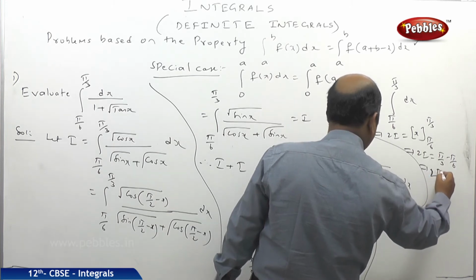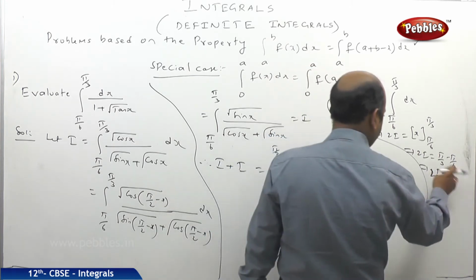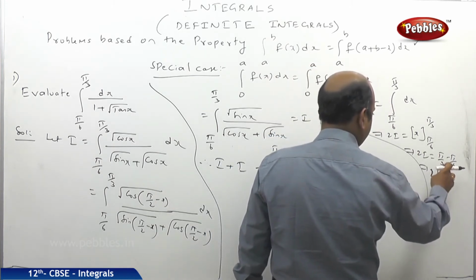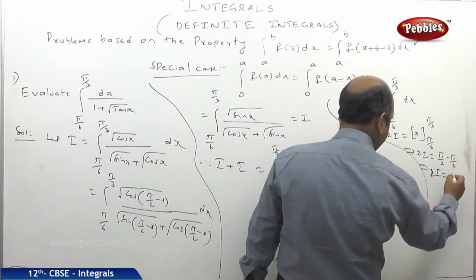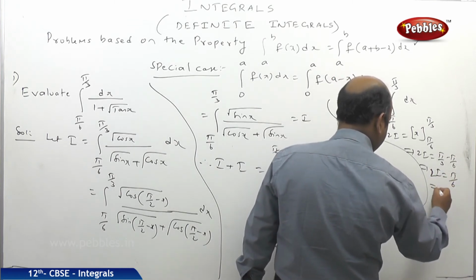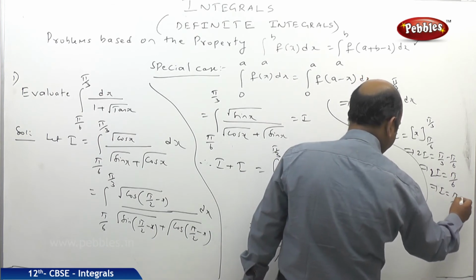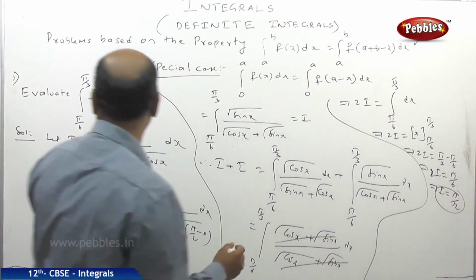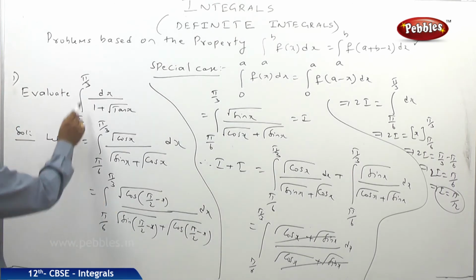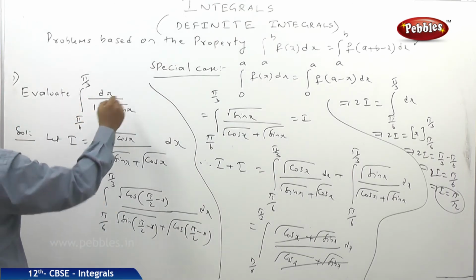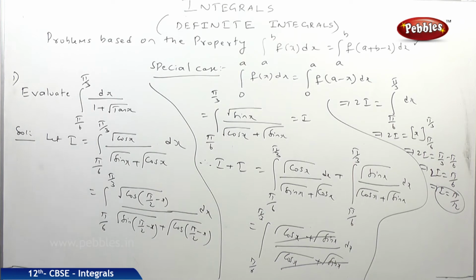LCM is 6, so 2 pi minus pi, it will be pi by 6, and our answer I is equal to pi by 12. What does I refer to? Here I is nothing but integral pi by 6 to pi by 3 dx by under root of 1 plus tan x. You should remember the property, and please copy the problem.